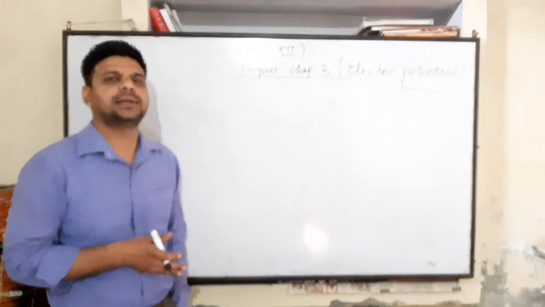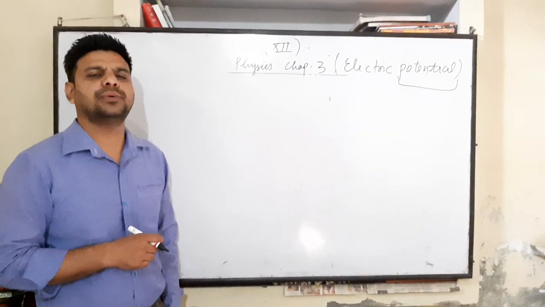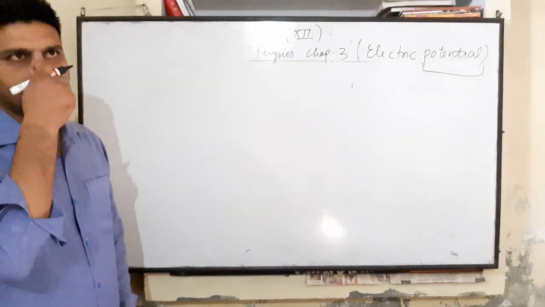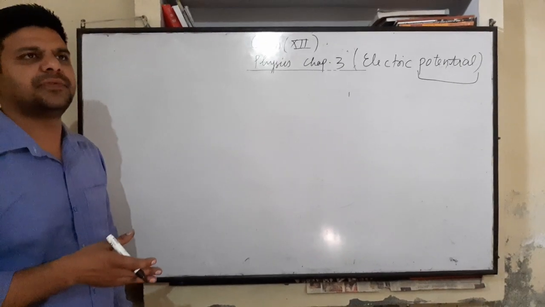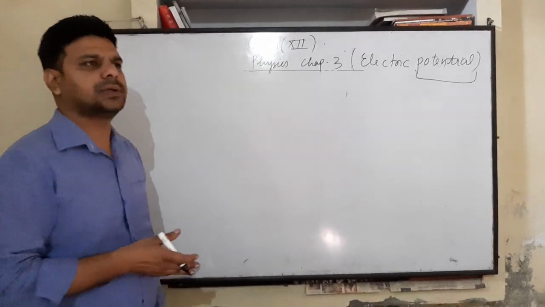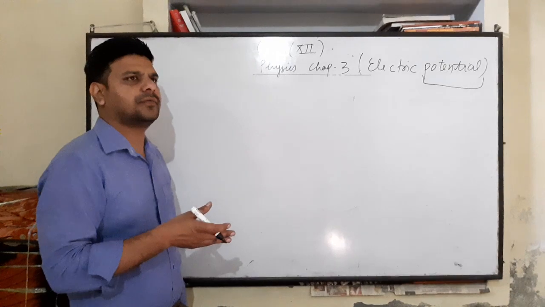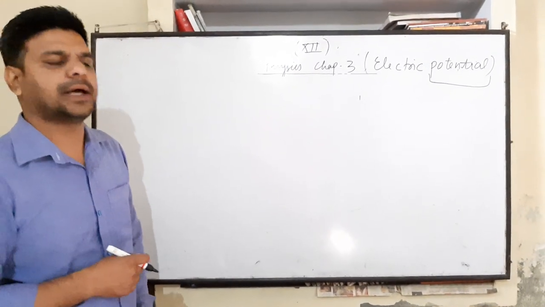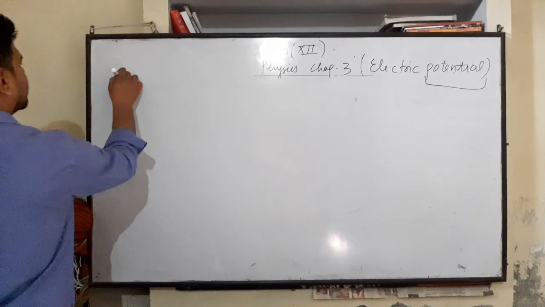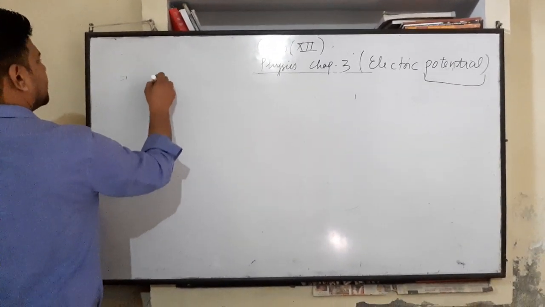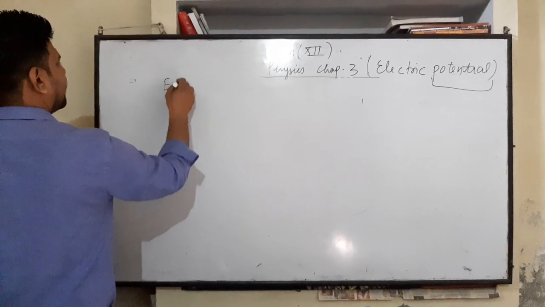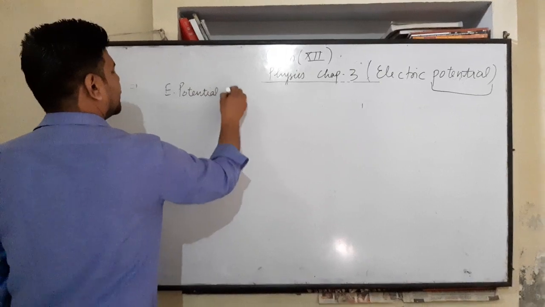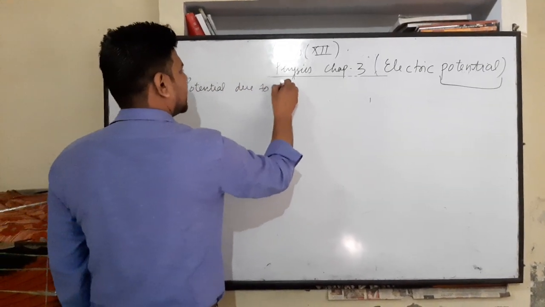Now we will calculate the electric potential due to an electric dipole, same as in the previous video, in which we calculated the intensity of electric field due to a dipole. So our next topic is electric potential due to a dipole.